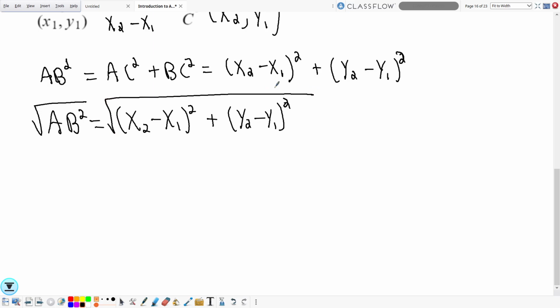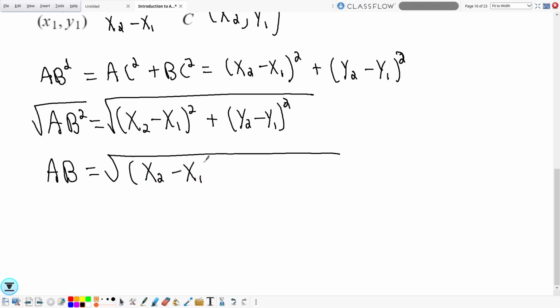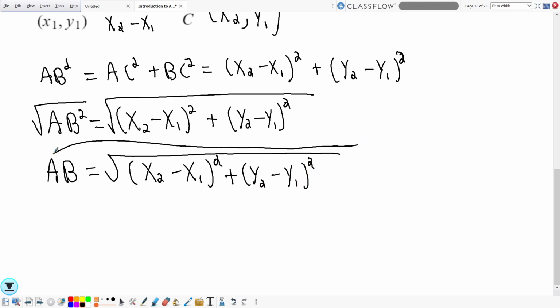Square root all that. And this leaves us with AB equal to the square root of (x2 minus x1) squared plus (y2 minus y1) squared. And that is our formula. The distance of AB is the square root of (x2 minus x1) squared plus (y2 minus y1) squared.